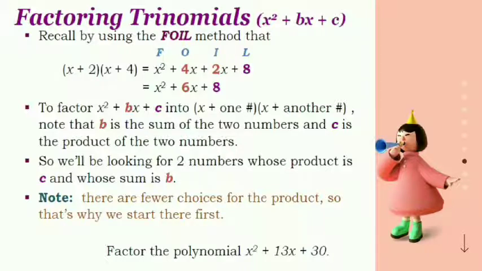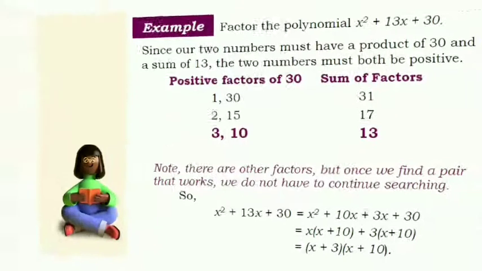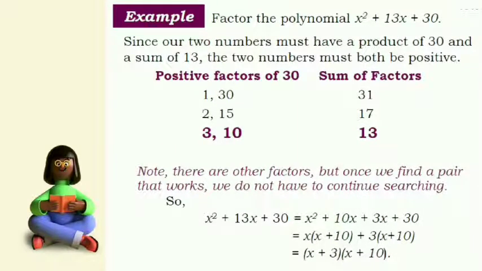So factor the polynomial x squared plus 13x plus 30. Since our two numbers must have a product of 30 and a sum of 13, the two numbers must be positive. So the positive factors of 30 will be 1 and 30, 2 and 15, 3 and 10.